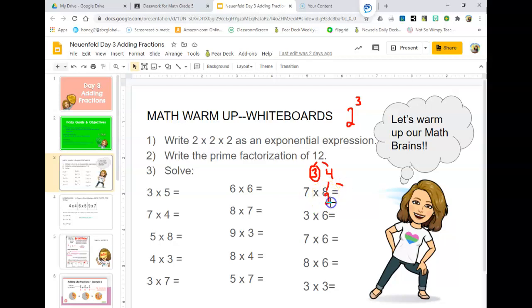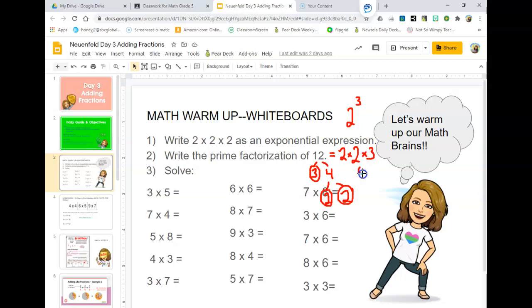2 times 2 equals 4. Both of those 2's are also prime numbers. So now that I have all of the numbers factored, I can write the expression, which is 2 times 2 times 3.